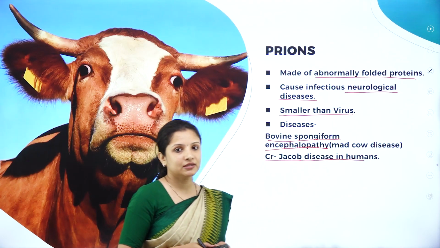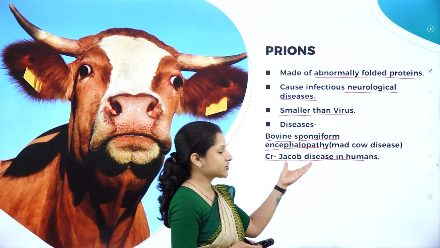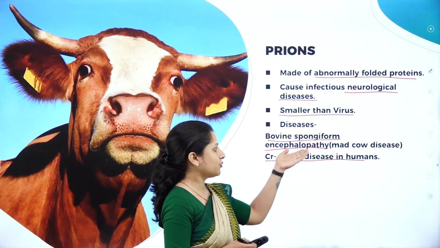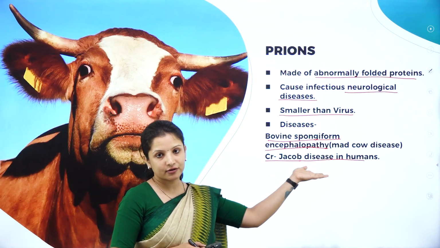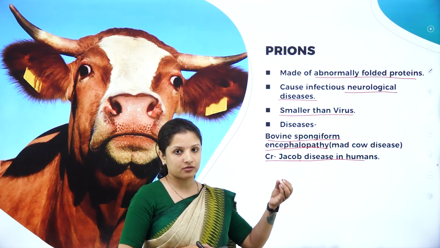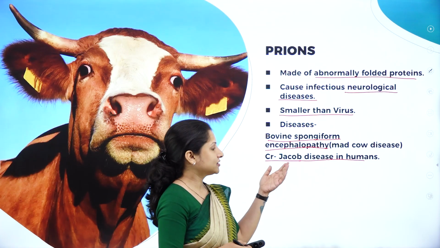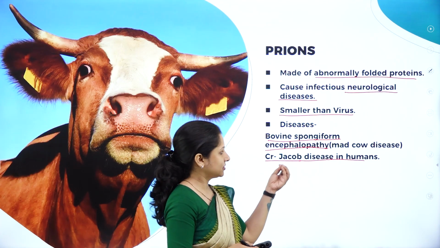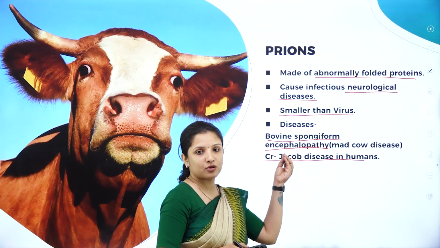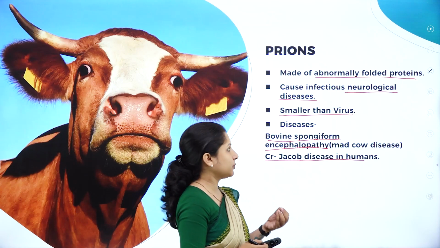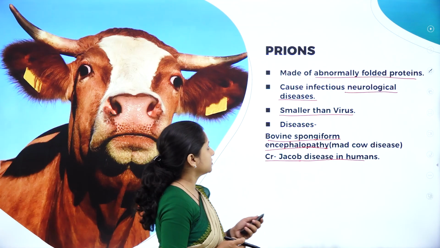It's called Creutzfeldt-Jakob disease, and this disease also occurs in aged people, wherein it affects the brain and causes dementia in them. So, this disease is responsible for dementia in adult humans or old age people. So, this is about prions.